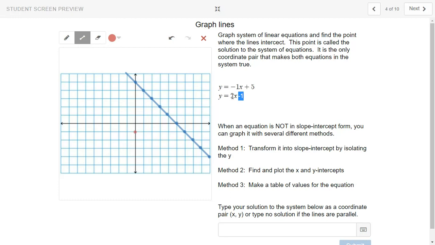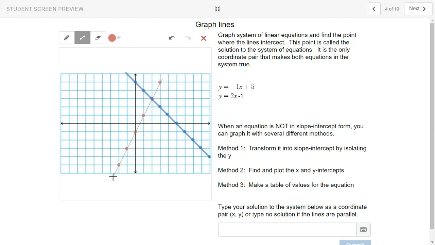If we make it into a fraction, that'd be 2 in the numerator and 1 in the denominator. So we go up 2 and right 1, up 2 and right 1, up 2 and right 1, down 2 and left 1, and draw our line in.